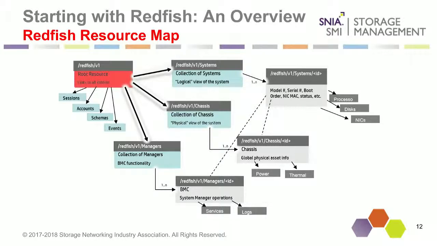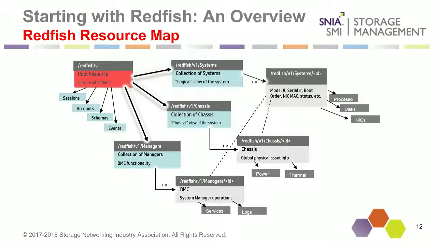And then to the right of that, there are various managers that provide management of servers and descriptions of the chassis, which are the physical items, and then the systems, a logical view, that sits over the top of that and points out to the systems that are managed in this particular chassis. So you can see things like, for instance, processors, disks, network interface cards, all being described as part of that hierarchical structure.